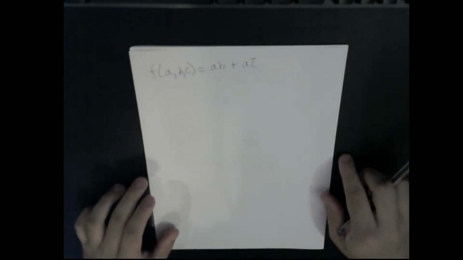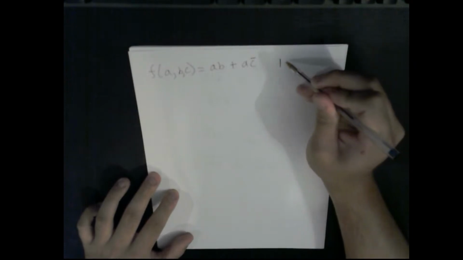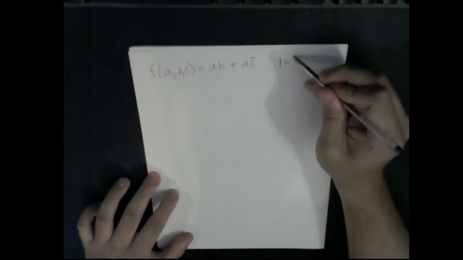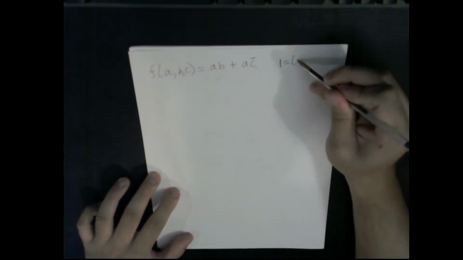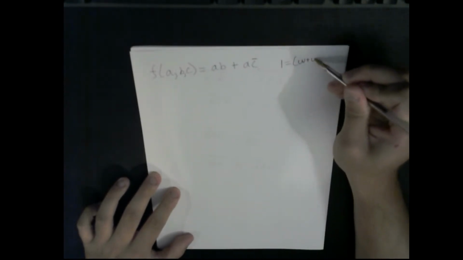So we know that there's a Boolean identity that says that 1 is equal to some input ORed with its inversion. This was a Boolean identity we talked about. And we can use this Boolean identity to get back to our canonical form.